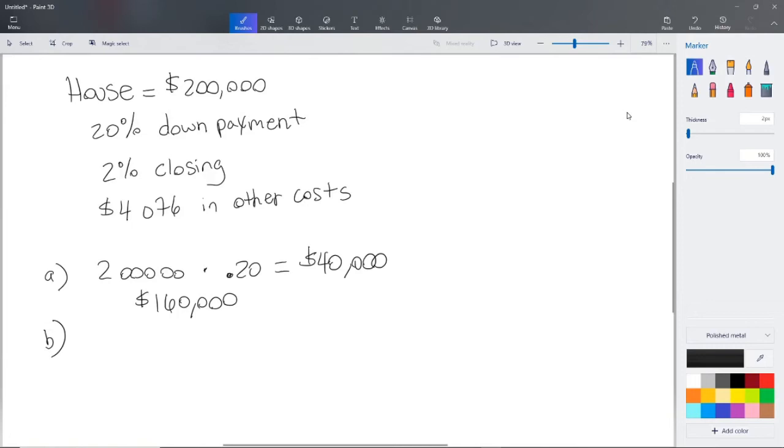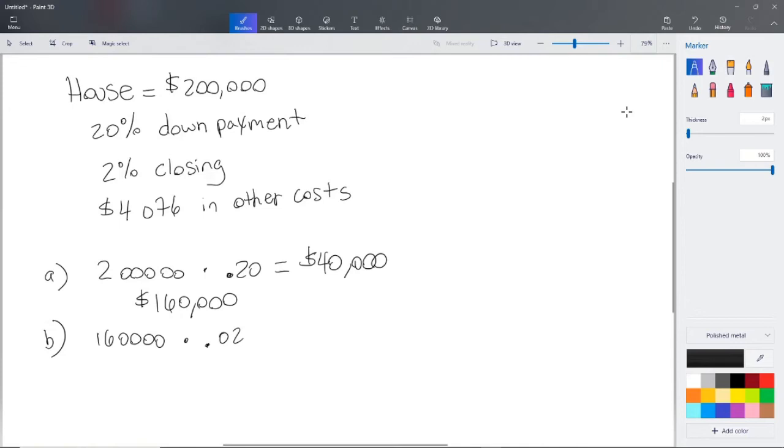Part B says, what do you pay in points? Well, unlike Part A, we're not paying points on $200,000. We're paying points on $160,000. So that's the nice thing here, that instead of starting with $200,000, we're starting with $160,000. But it's still times a percent, in our case 2%. So times 0.02, not times 0.2.